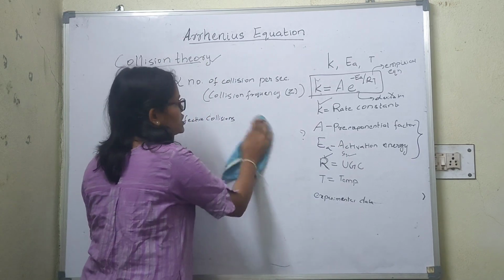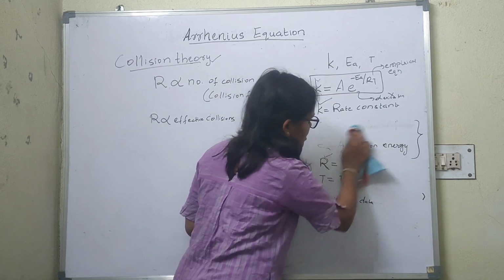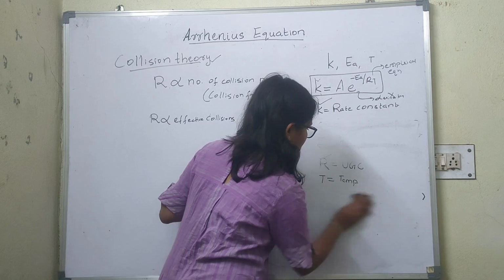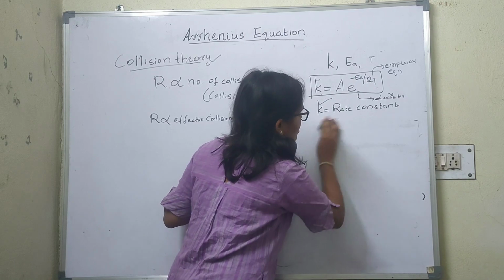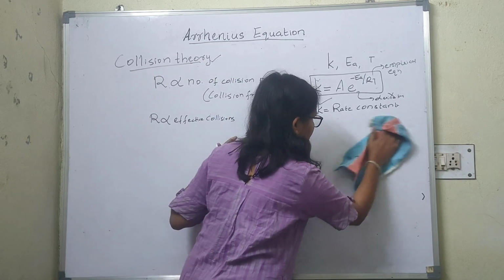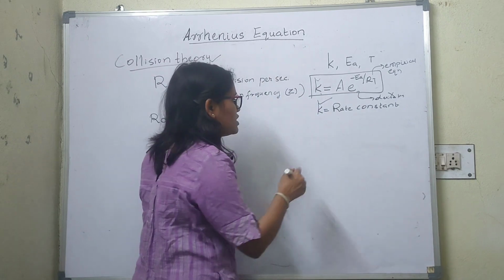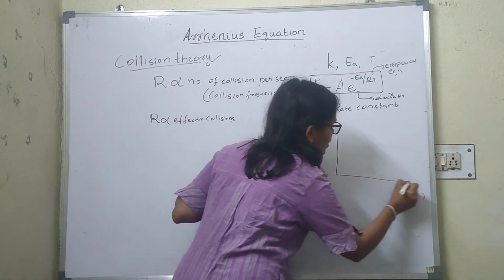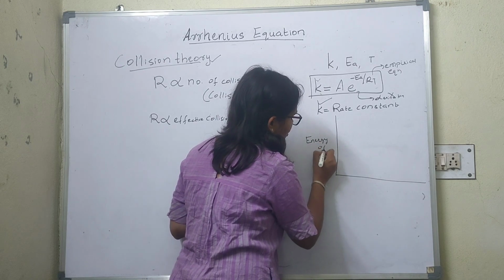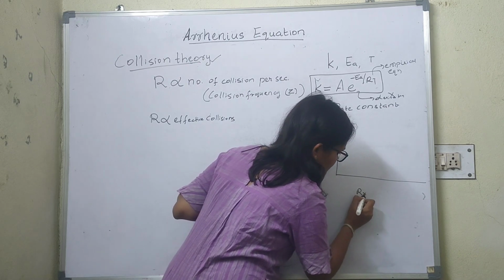Now these effective collisions can be explained on the basis of energy profile diagram. So I will draw it here. So energy profile diagram is the graph between energy of reactants and any reaction coordinate.